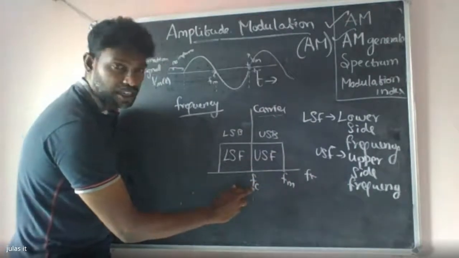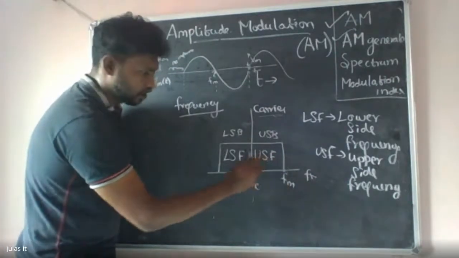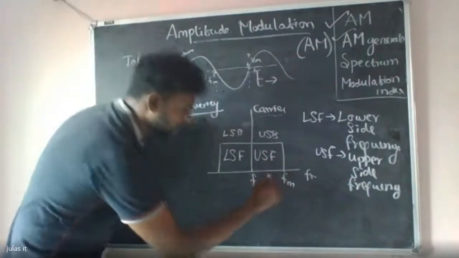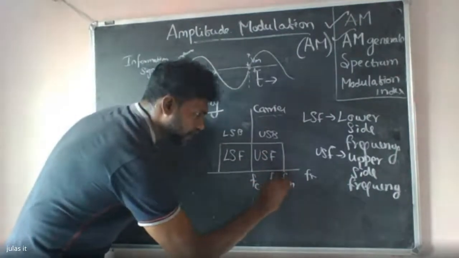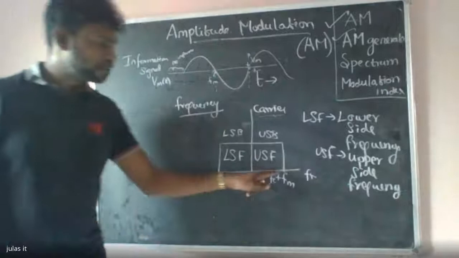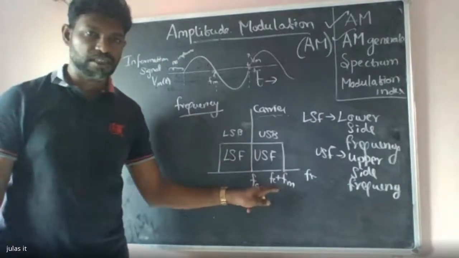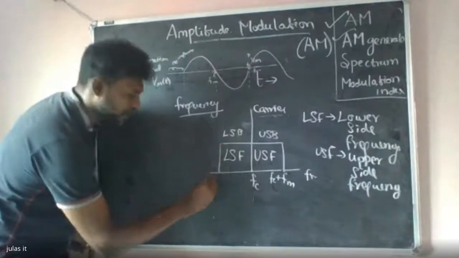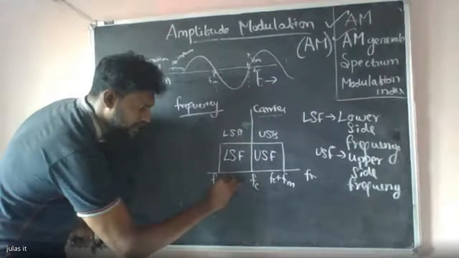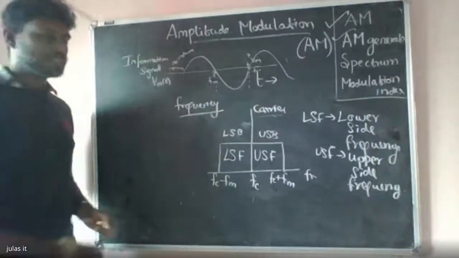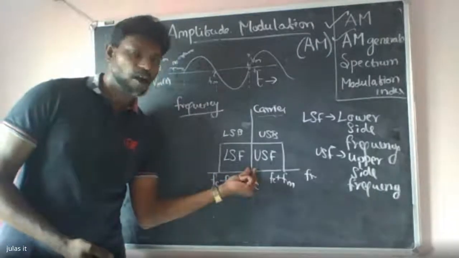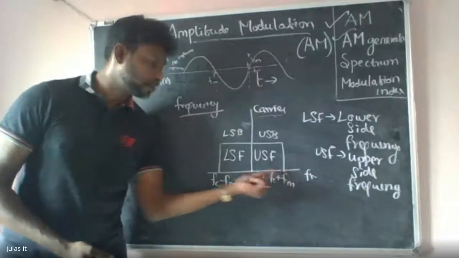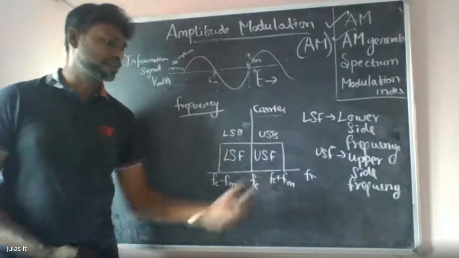From this FC, the distance to this USF is FC plus FM. This point we represent as FC plus FM, whereas this point is FC minus FM. That is, from this point, how much distance these frequencies are.